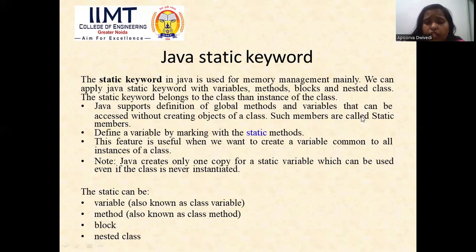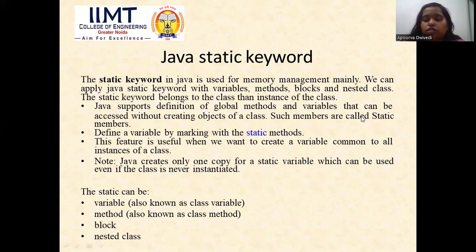Now, if we create a static variable, it can be used even if the class is never instantiated. What does it mean? If we have created a static variable and have not created an object of that class, it is still accessible.